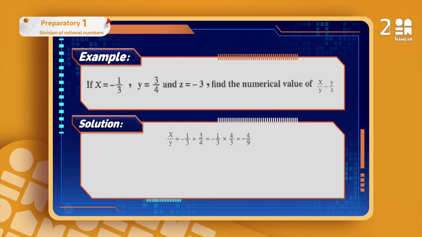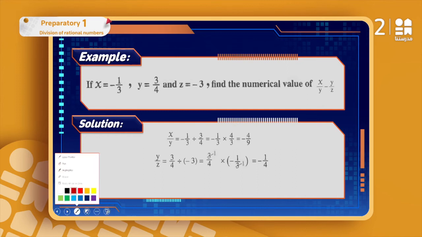Then find y over z. Y over z, we can write it as y divided by z. 3 over 4 divided by -3, which is z. Then keep the first one, 3 over 4, as it is. Change the division to multiplication and flip the second fraction. Here, this -3 is over 1.